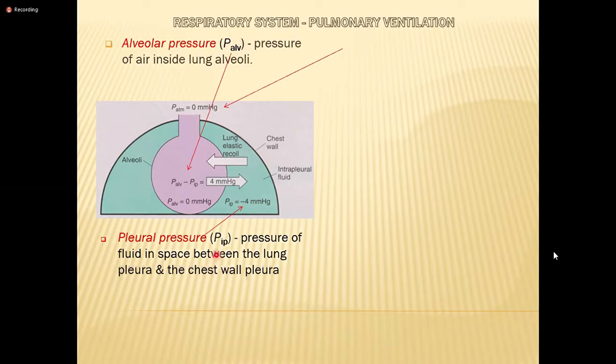The pleural pressure, intrapulmonary pressure, is the pressure of the fluid in the space between the lung pleura and the chest wall pleura. There is a potential space here. The pressure here is negative.